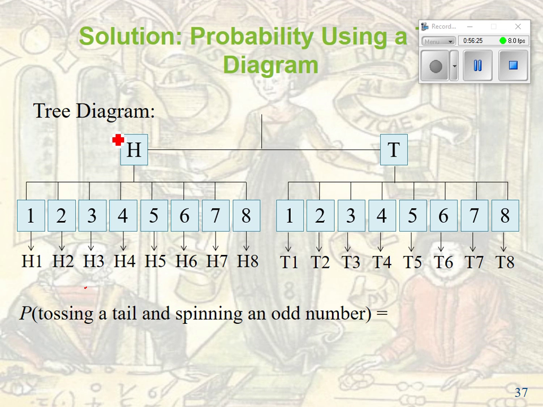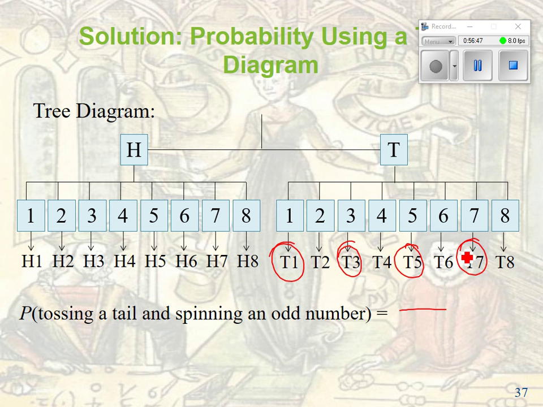If we want the probability of tossing a tail and spinning an odd number, well, if we do a tree diagram, then we can go through here and say, okay, we want a tail and an odd number. And we can just circle the favorable outcomes. Tail, odd number, tail, odd number, tail, odd number, tail, odd number.